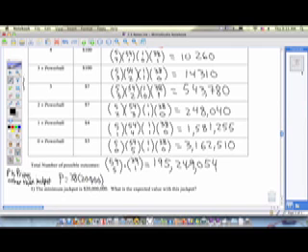So there's 38 ways to win $200,000. And then there's 270 ways you could win $10,000. And then 10,260 ways you could win $100.